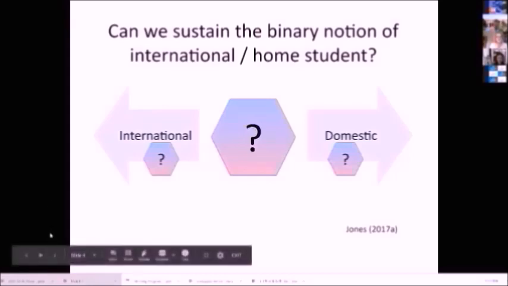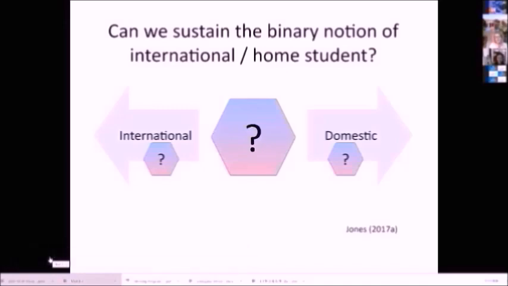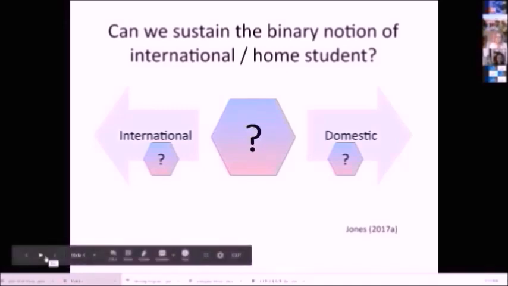Now, it may not be quite so diverse in Japan, but depending on the kind of university that you're working in, you will have similar diversity, some of which is not visible. So a lot of this kind of classroom diversity that I've been talking about is not visible to us.